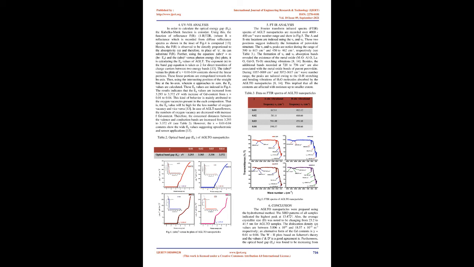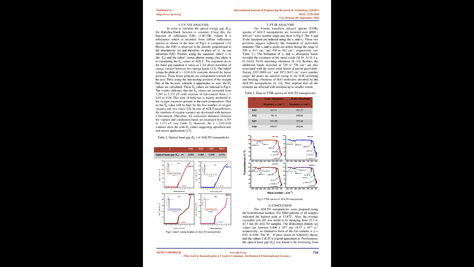Herein, F(R) is observed to be directly proportional to the absorptivity, and therefore, in place of α we can substitute F(R). Further, using the equation (αhν)ⁿ equals A(hν minus Eg), and the (αhν)ⁿ versus photon energy, hν, plots, the Eg values of AGLT are calculated.